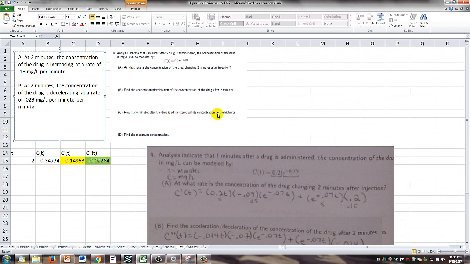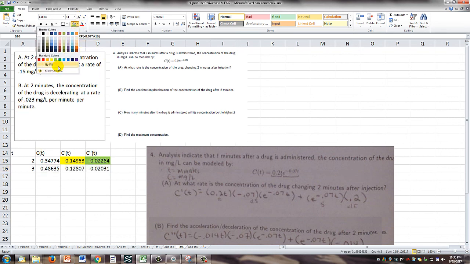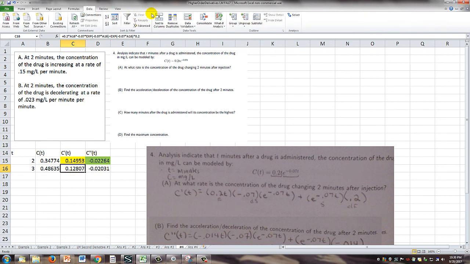So you have to really understand what we're looking for here. This isn't a second derivative question. This is a goal seek the first derivative to zero question. So here's our first derivative, and we're going to goal seek that to zero.